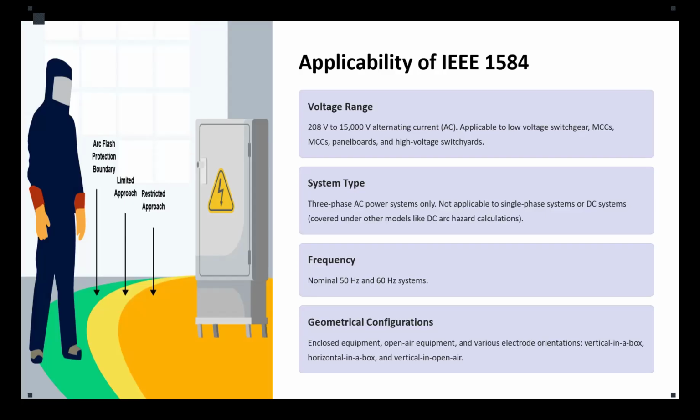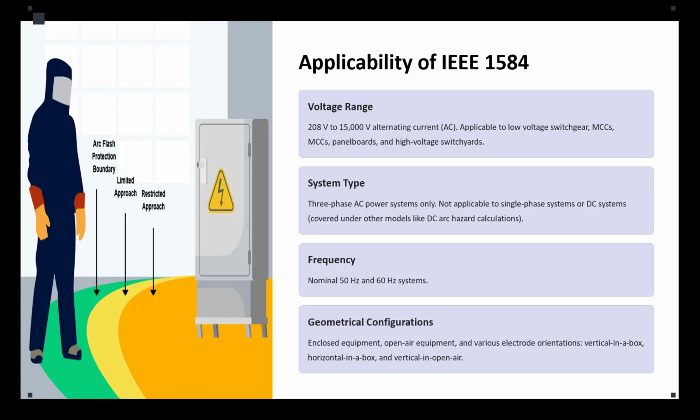The next parameter that defines the scope is the system type. IEEE 1584 is specifically designed for three-phase AC power systems. That means a single-phase system is not in the scope of this standard, and DC systems are also excluded. This is critically important because the physics of an arc flash in a DC system is fundamentally different.